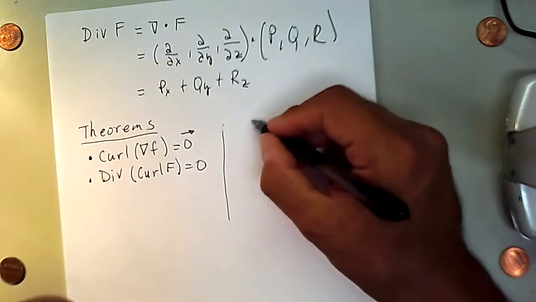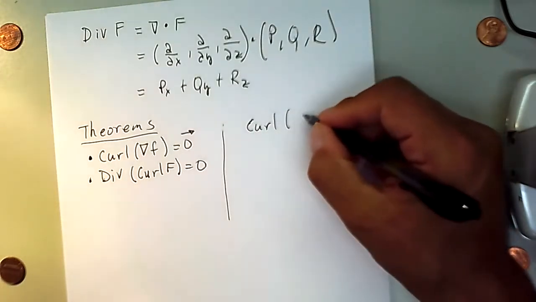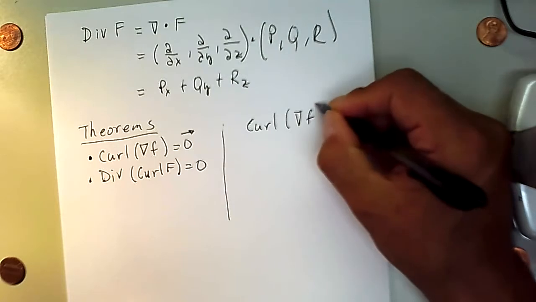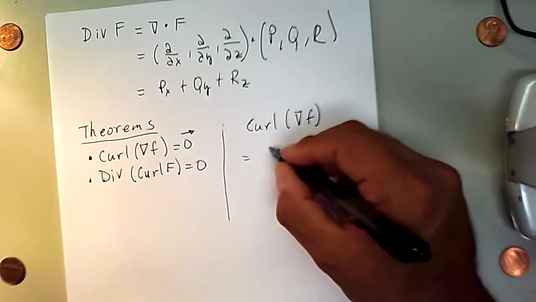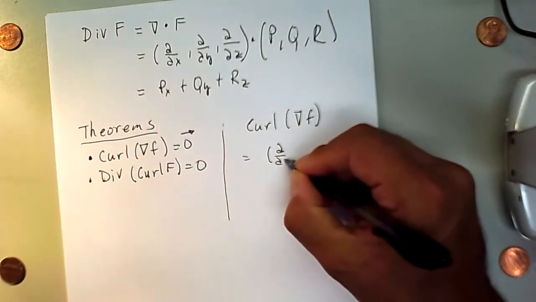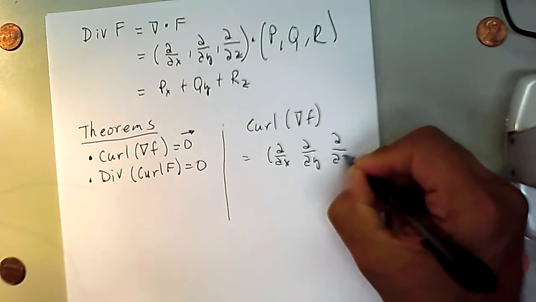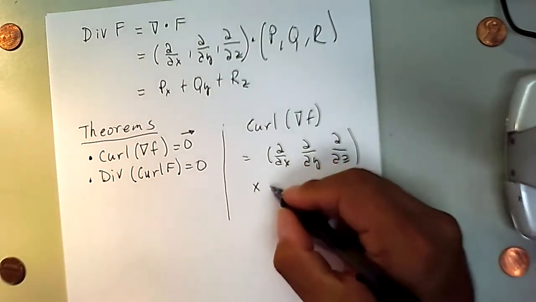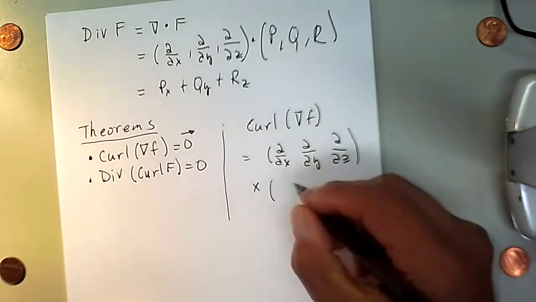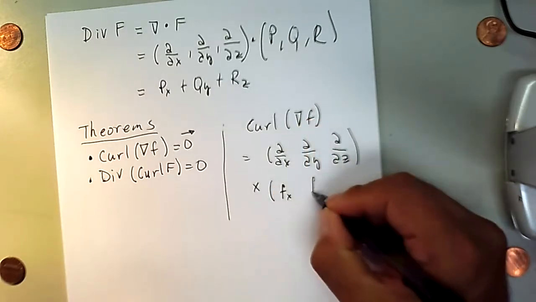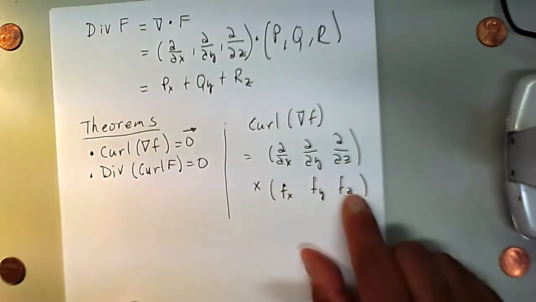So the curl of the gradient of a function is going to be obtained by finding partial with respect to X, partial with respect to Y, partial with respect to Z, crossed, multiplied with, now remember, the gradient of F is F sub X, F sub Y, F sub Z. And those are three-dimensional vectors.